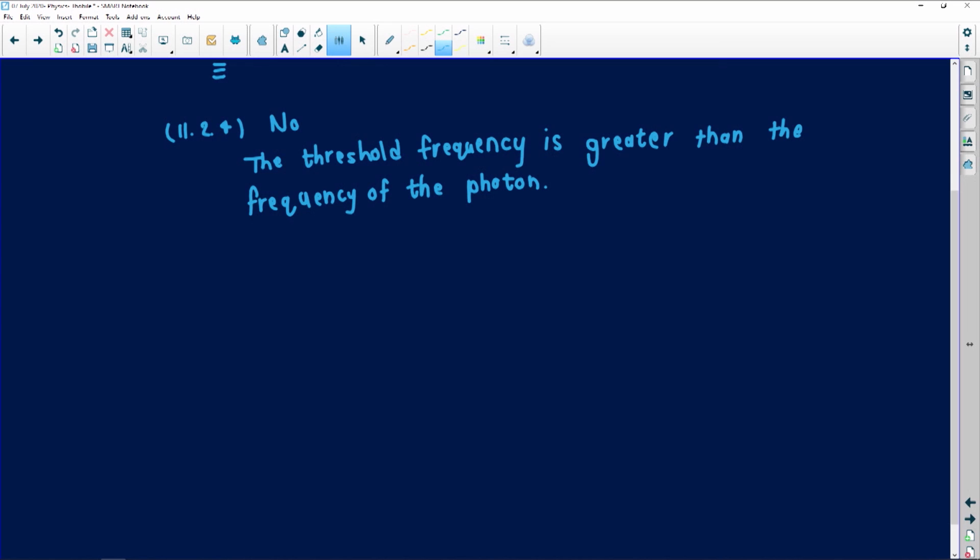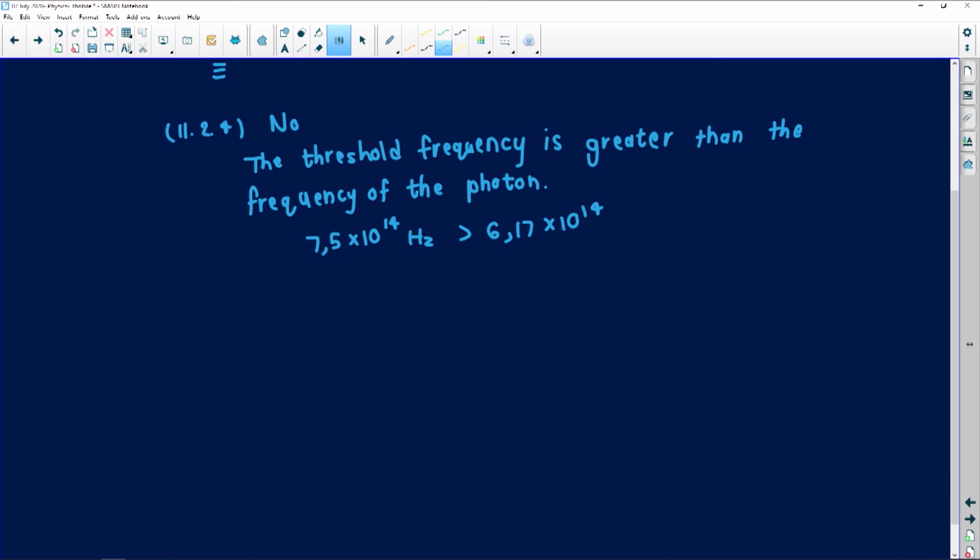And how do I know this? Remember, we have 7.5 times 10 to the 14 hertz. I can see that the threshold is greater because the photon actually is 6.17 times 10 to the 14. And this is what we've calculated.